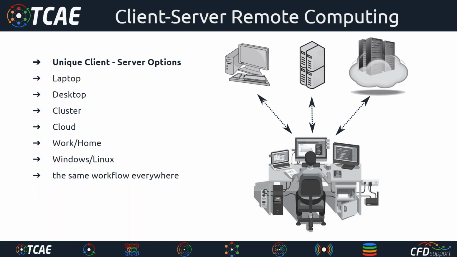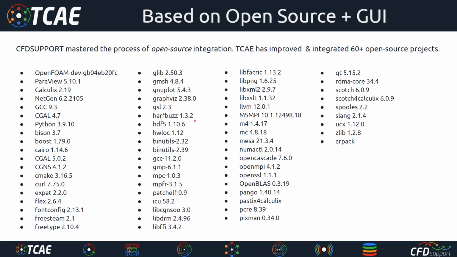The same workflow is consistent from everywhere. That's important for us. And another important principle is TCAE is based on open source. In the lowest level of TCAE, there are a lot of open source pieces. There are more than 60 open source projects.